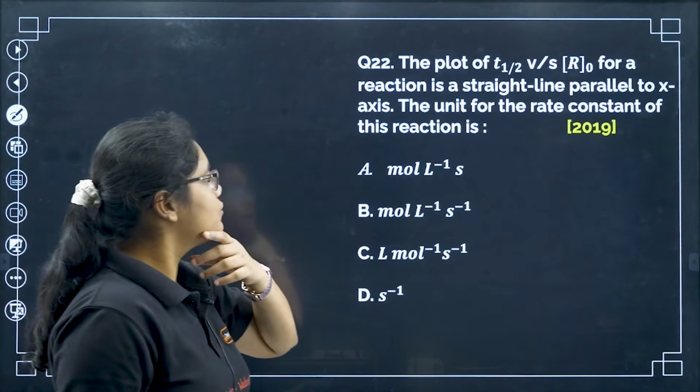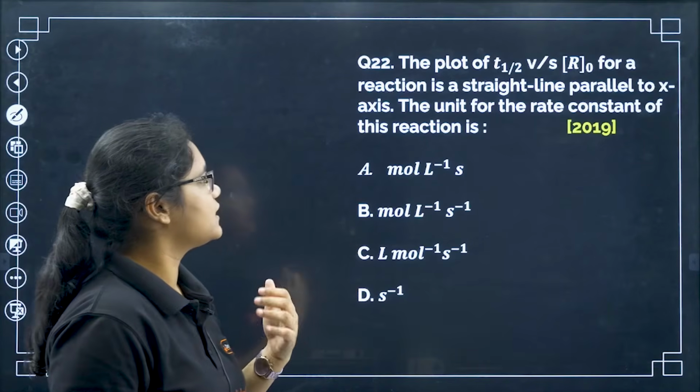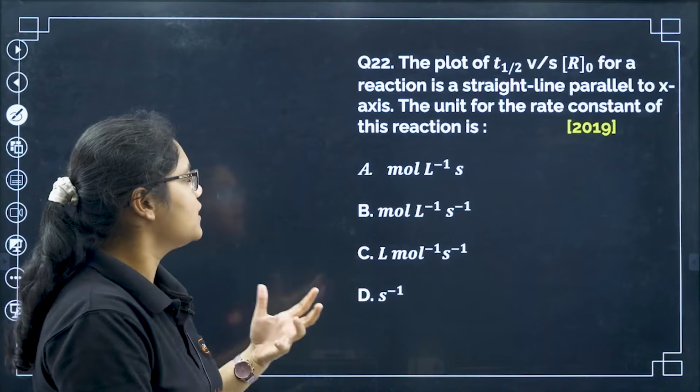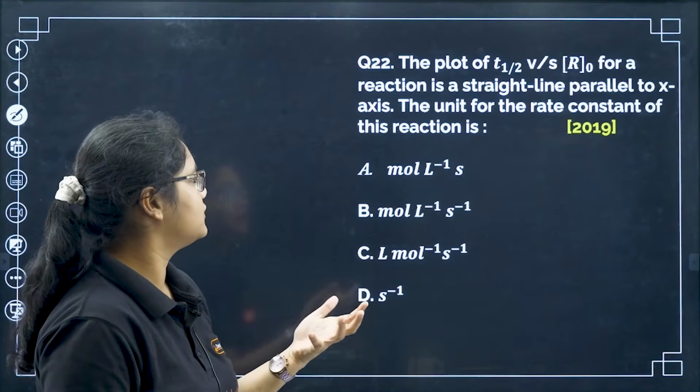Now question number 22: the plot of T half versus R naught for a reaction is a straight line parallel to the x-axis. The unit of the rate constant for the reaction is?